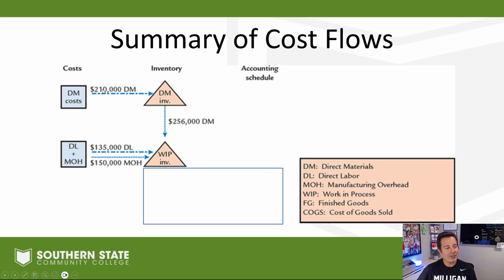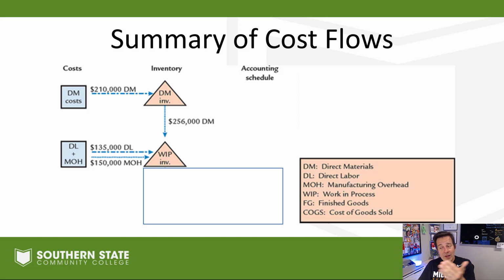You can see we bought 210,000, added it to our inventory, and then we put some into production. 256,000 of direct material going into production. It gets dumped into work in process. And we're going to carry the direct material cost, the direct labor cost, and the overhead cost in work in process inventory. Until what time? Until the product's done, right?